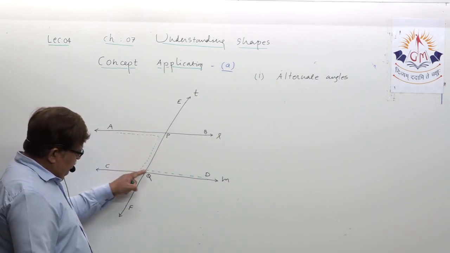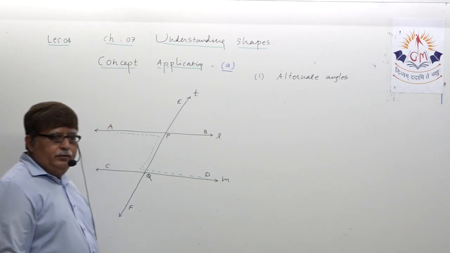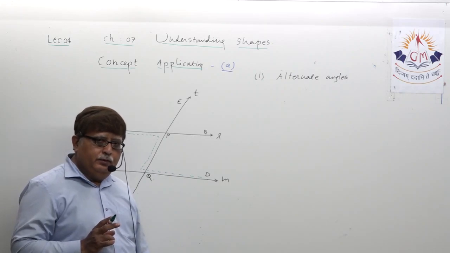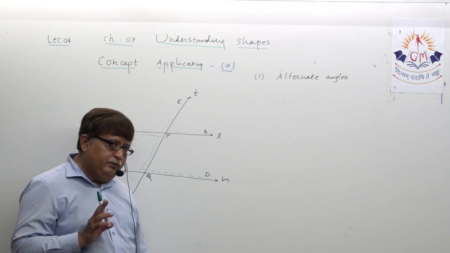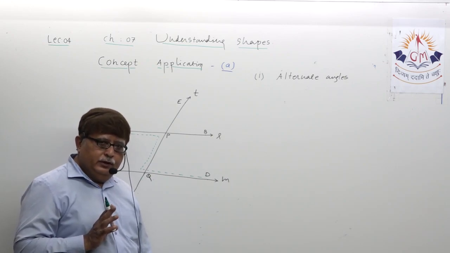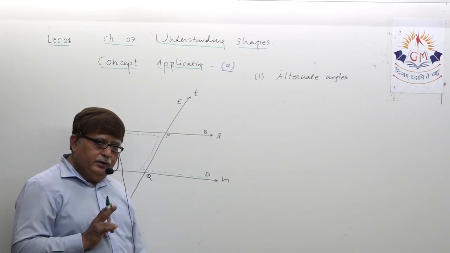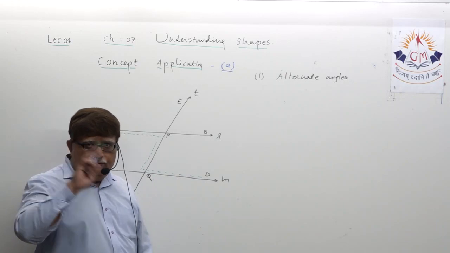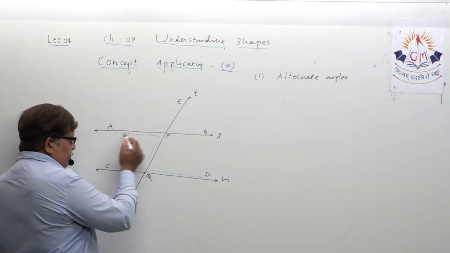Whenever you want to find alternate angles, mind this word, you always have to think of realizing a Z formation in the diagram. So, Z shape.